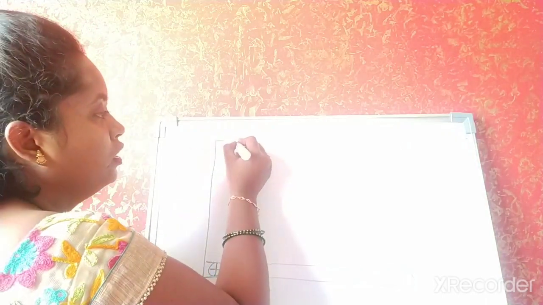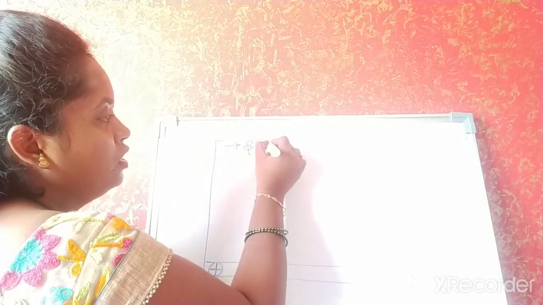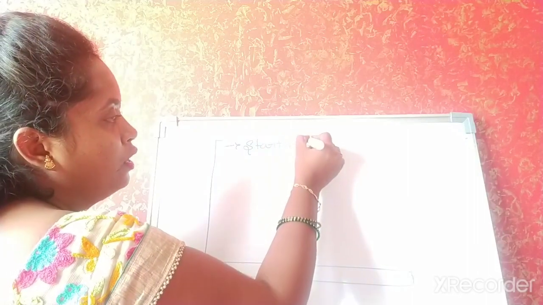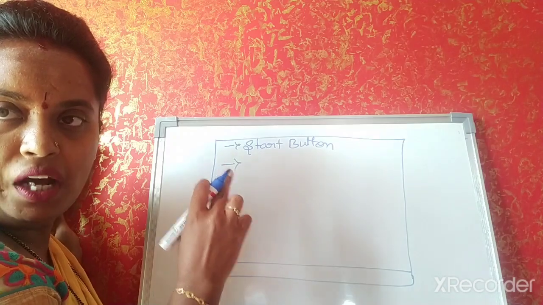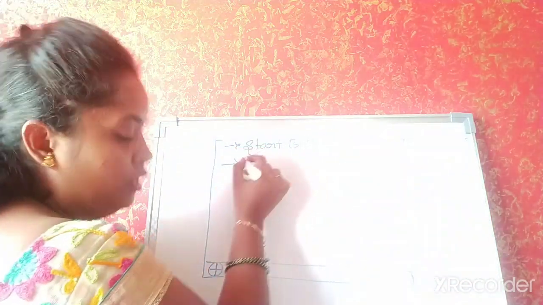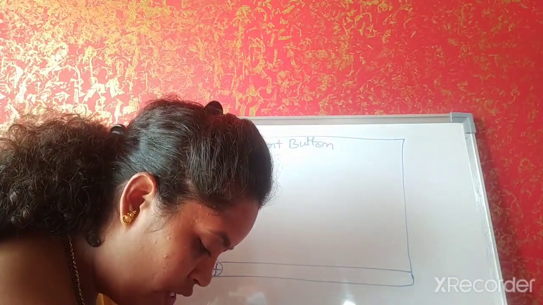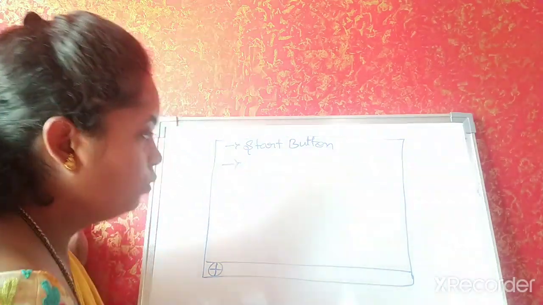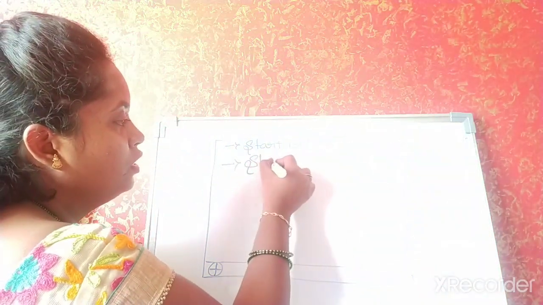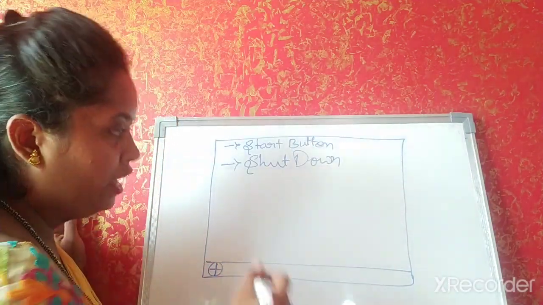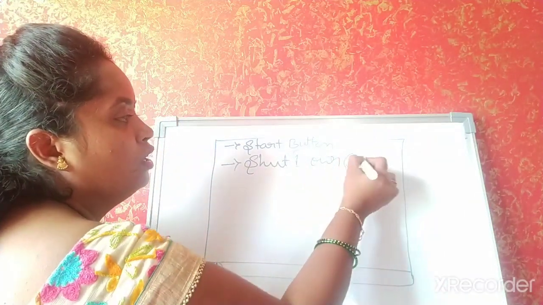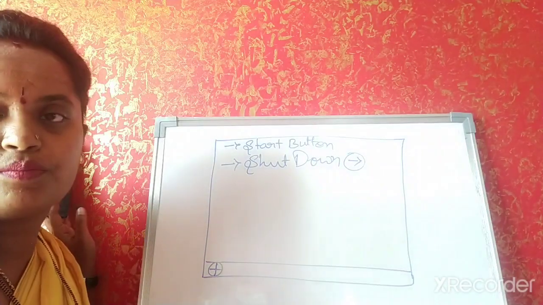At the bottom of the quick launch bar, you will be getting the option shut down. Then you are supposed to click on it.